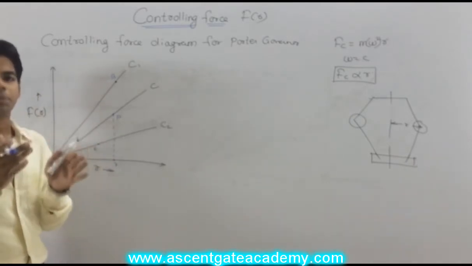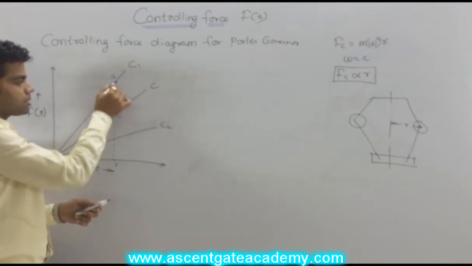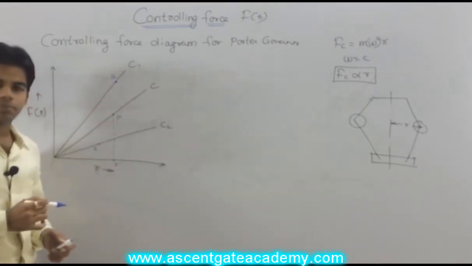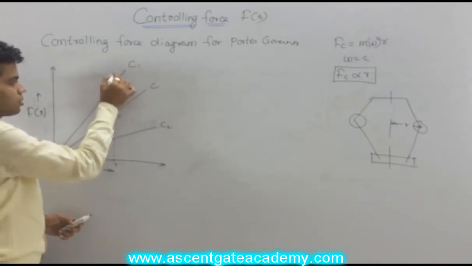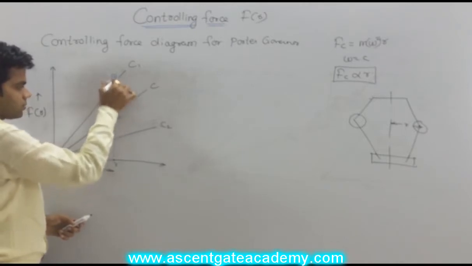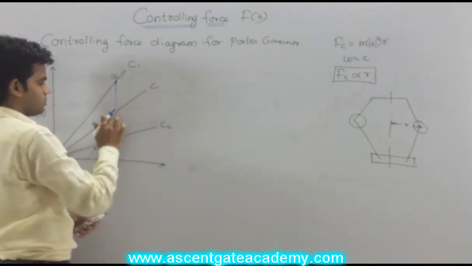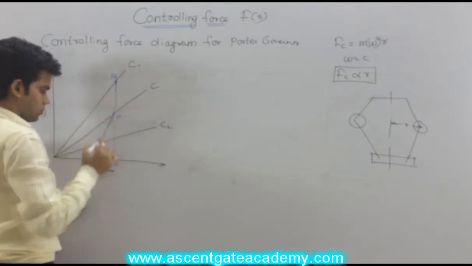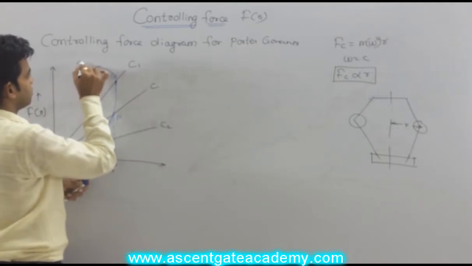If I am increasing the speed, the point is shifting to this point, that means the radius is increasing. If I am decreasing the speed, the radius is decreasing, and if I draw the curve passing through these points, this is nothing but a speed curve. This curve is the speed curve.